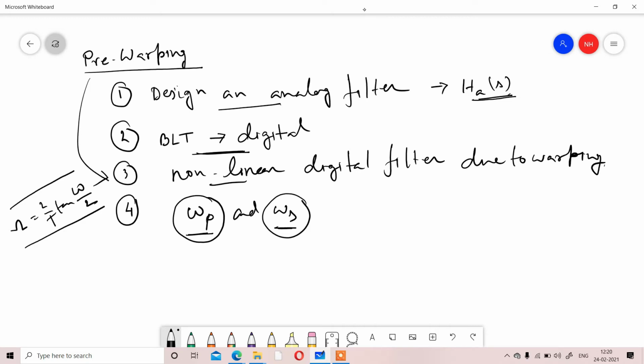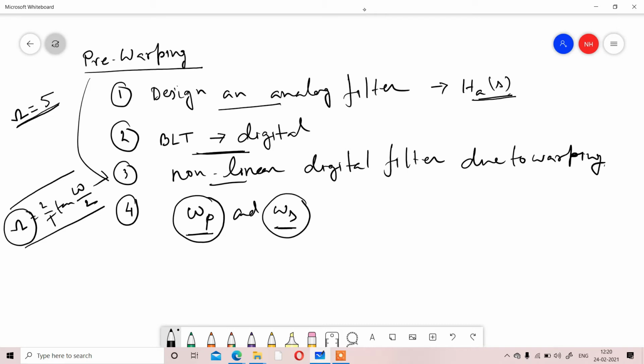Okay, now from that omega P and omega S, we have to regenerate the analog frequency. Keep in mind, first an analog frequency is given. Suppose, as one example, just consider omega equal to 5.